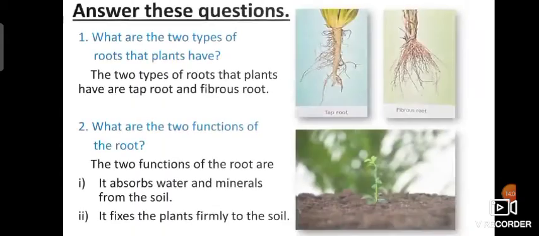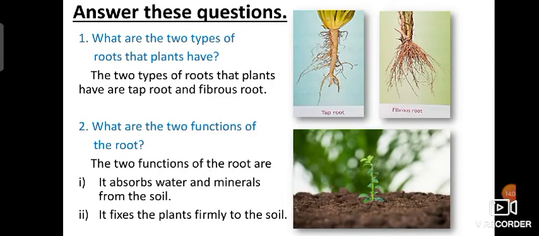Next, we'll see about the exercise of answer these questions. The first question is, what are two types of roots that plants have? The two types of roots that plants have are tap root and fibrous root. You can see the picture of tap root and fibrous root here.